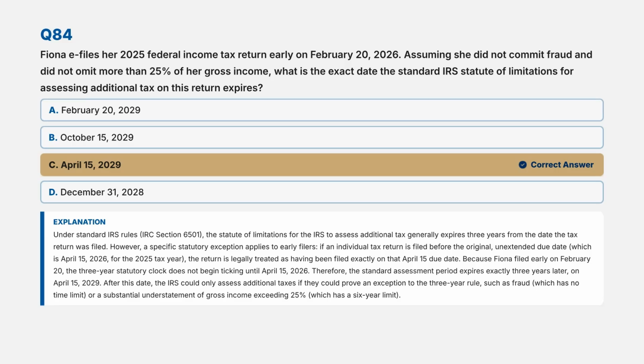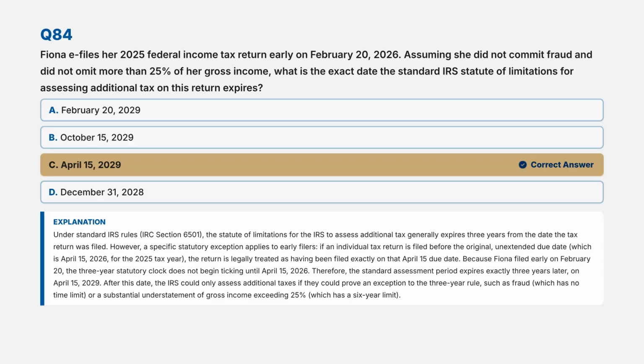If an individual tax return is filed before the original unextended due date, which is April 15th, 2026, for the 2025 tax year, the return is legally treated as having been filed exactly on that April 15th due date. Because Fiona filed early on February 20th, the 3-year statutory clock does not begin ticking until April 15th, 2026.